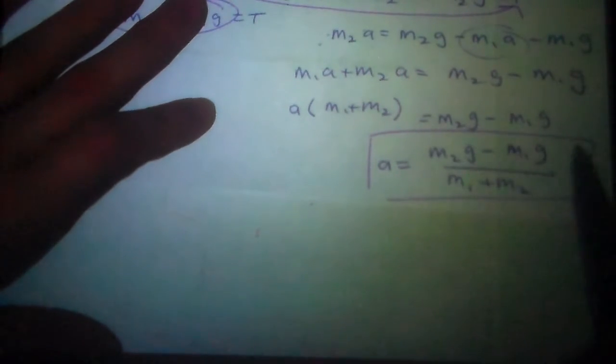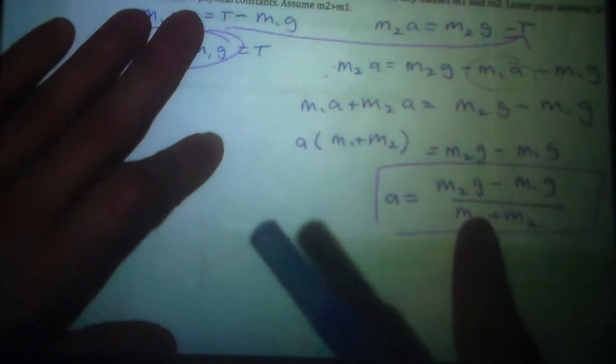And then it definitely makes sense you're dividing by both masses because this is like your net force. So this force of gravity, minus, counteracted by this force of gravity. And then, of course, you're accelerating both masses, so you've got to divide by both masses.